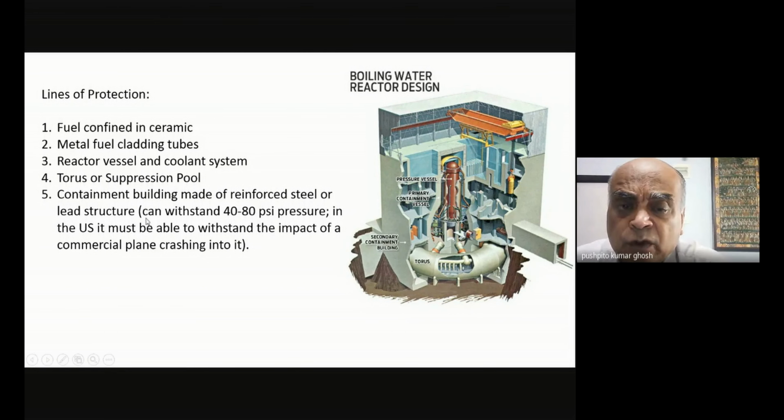So in the US now, these buildings have to be able to withstand the impact of a commercial plane crashing into it. Nothing should happen to it if it crashes. Okay, so I hope you understand all the safety features which are built into these things. And the reason why nuclear power plants are so costly is because of all the safety measures which you require.